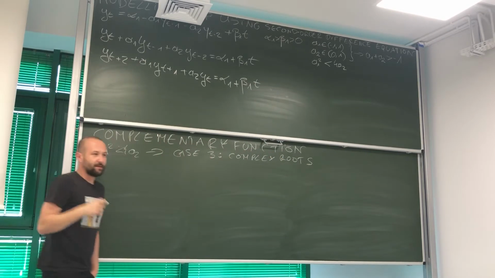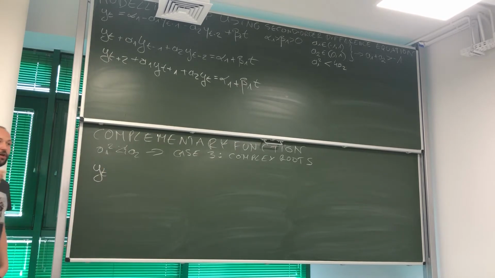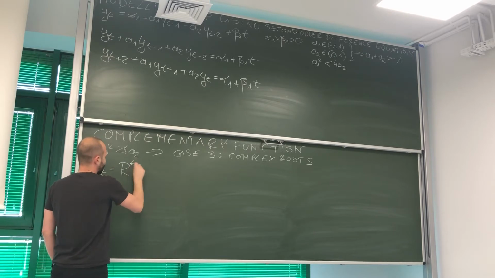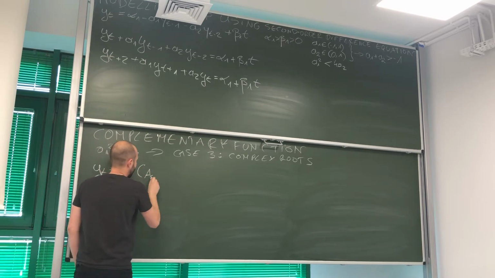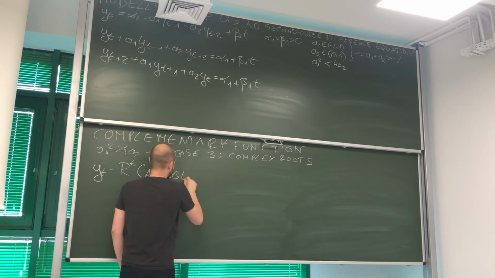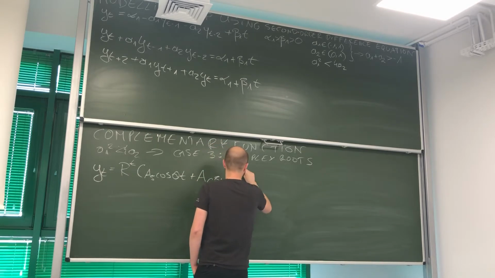Now, we of course know that in the case of complex roots, the complementary function assumes the following form: A5 r to the t cosine theta t plus A6 r to the t sine theta t.